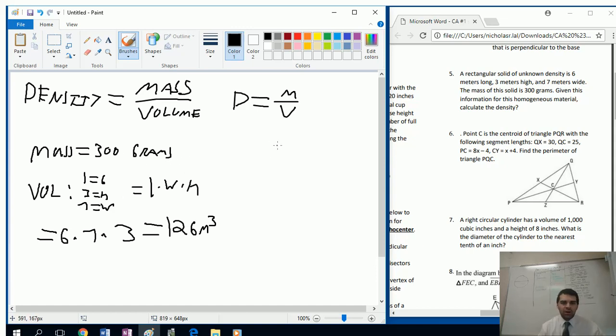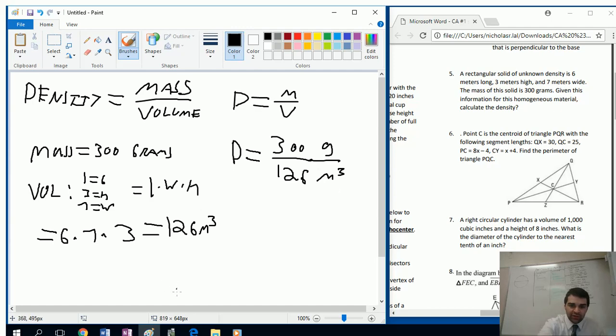So our density is going to be equal to 300 over 126. And this is going to be 300 grams over 126 meters cubed.